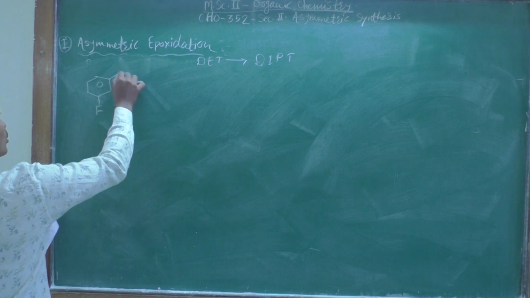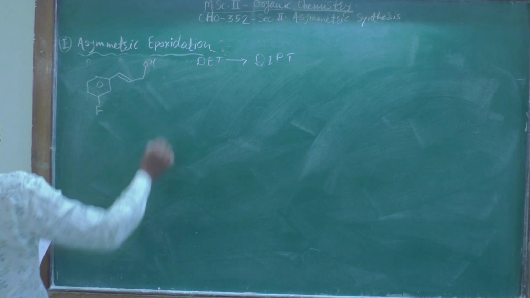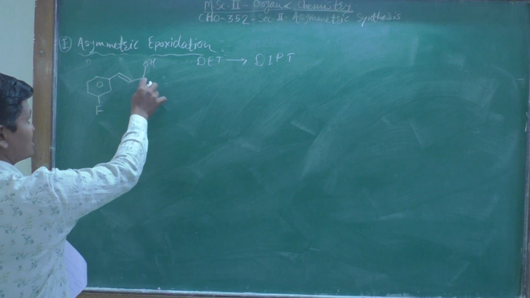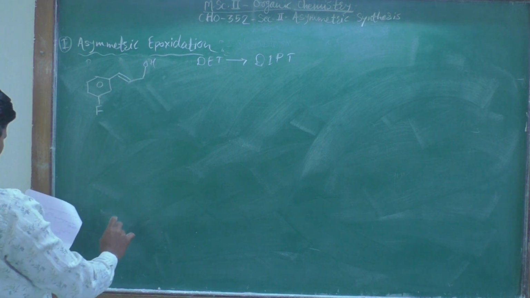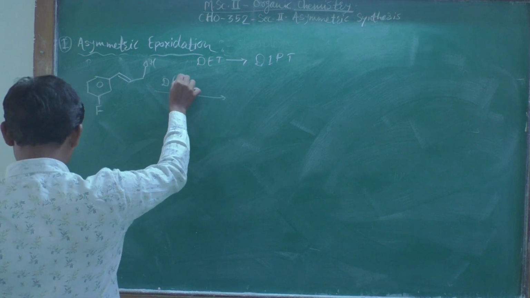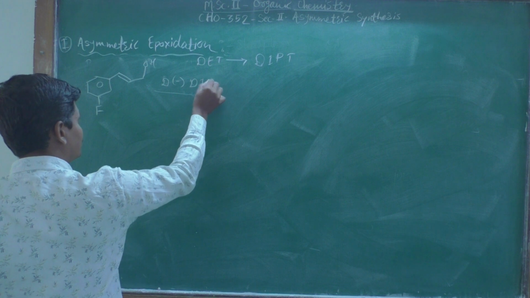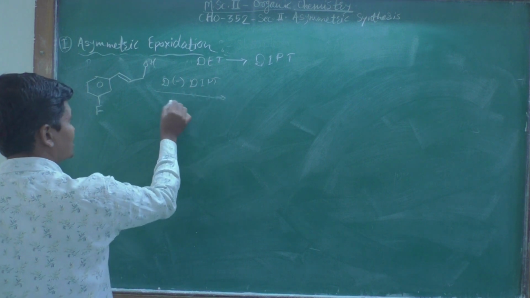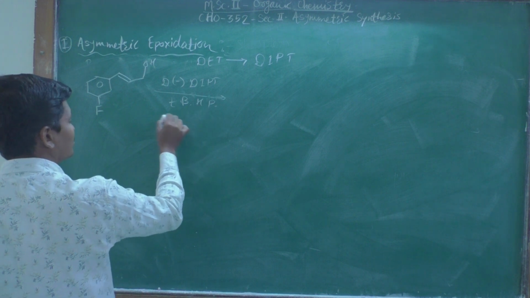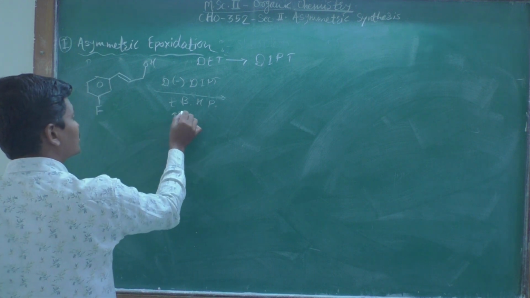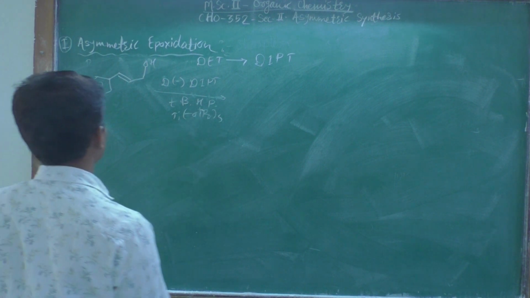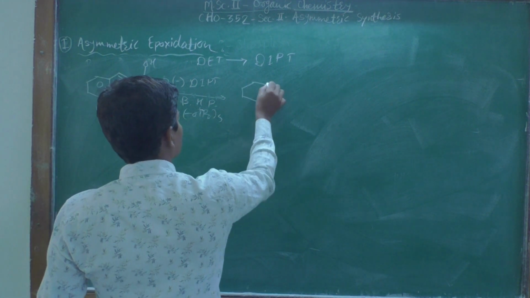So the reaction is like this: fluoro, this is an allyl alcohol, CH2 double bond CH, CH double bond, CH2OH. Now when we use D minus DIPT, then tert-butyl hydroperoxide and titanium tetraisopropoxide, what will be the reaction?